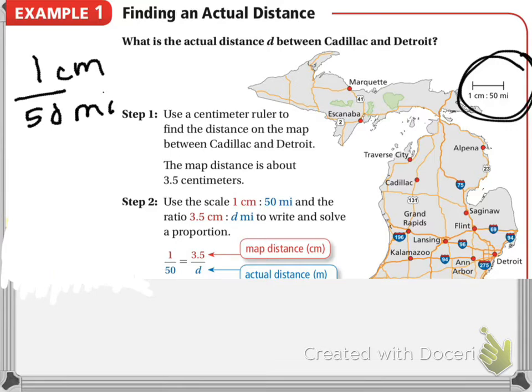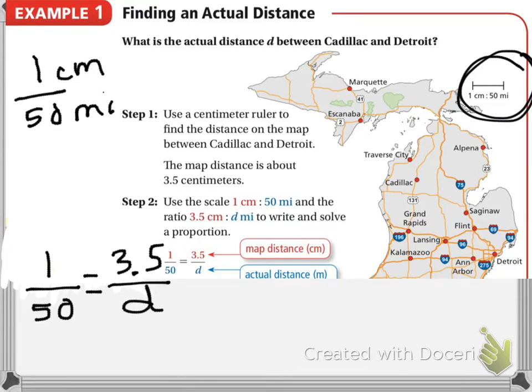So if we use our centimeter ruler and we measure, we can see that the distance is about 3.5 centimeters. So if we use our 1 centimeter per 50 miles, and we know this proportion, it is equal to 3.5 centimeters over D. That's the distance that we're actually looking for.